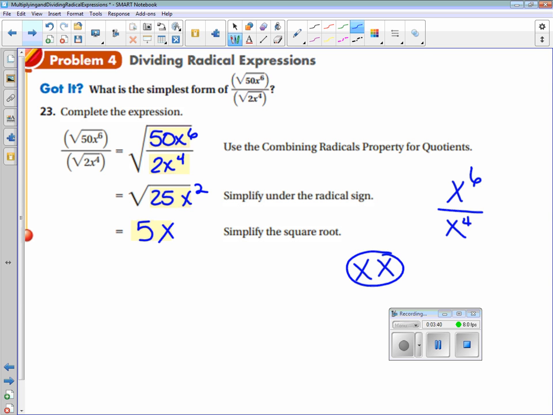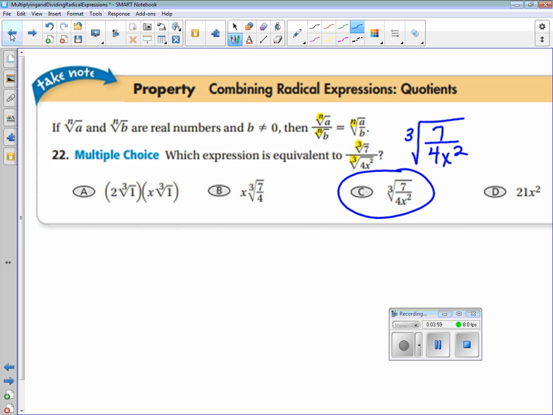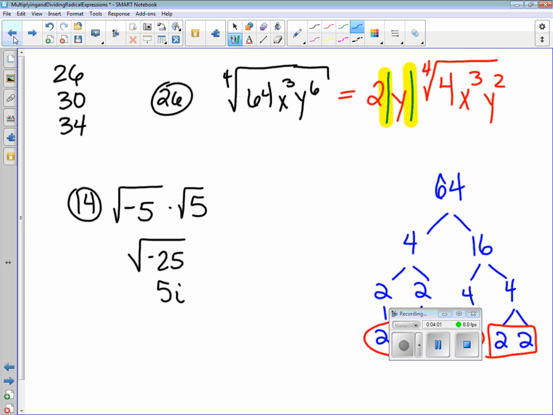I don't have to worry about the absolute values in this case, Christian, because, or do I? The power has to be odd, right? Look back at the problem that we were doing before. Let me find it real quick. Here.